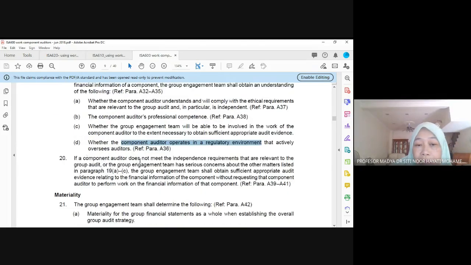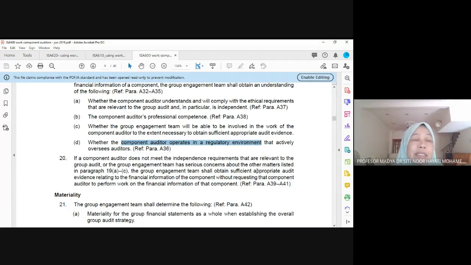So if the component auditor does not meet independence requirements that are relevant to the group audit, or the group engagement team has serious concern about the other matters listed, the group engagement team shall obtain sufficient audit evidence.